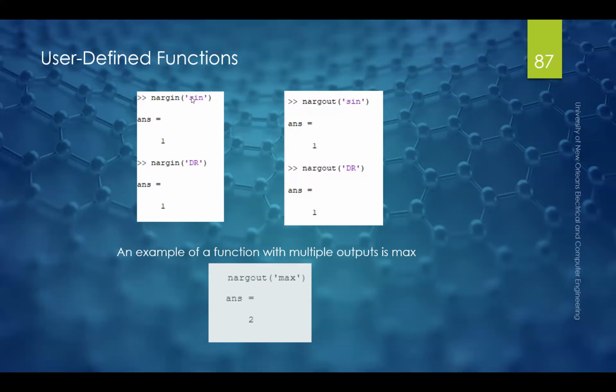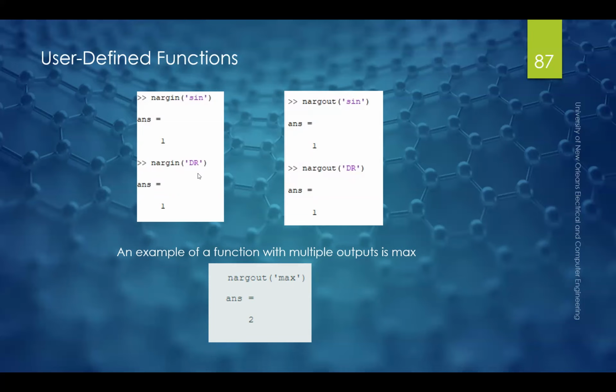But it's got to be in single quotes. Okay. So in this case, we type in single quotes sin, and it tells you that the number of input arguments that it takes is 1.